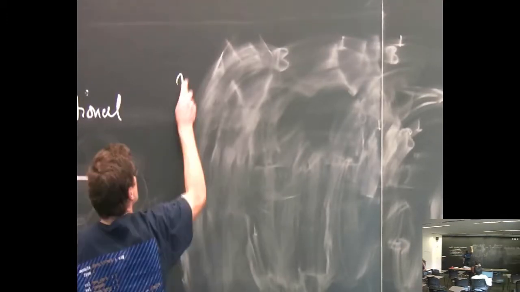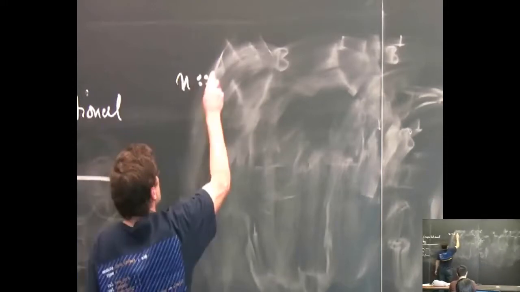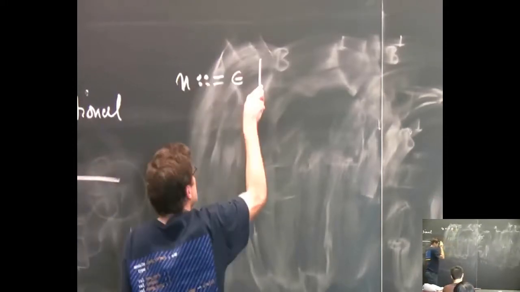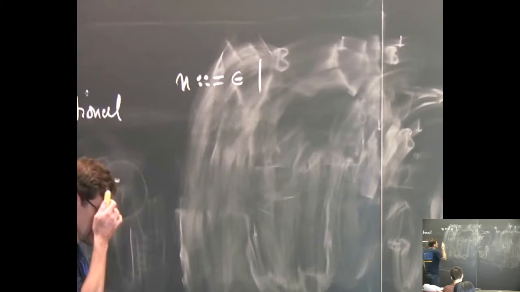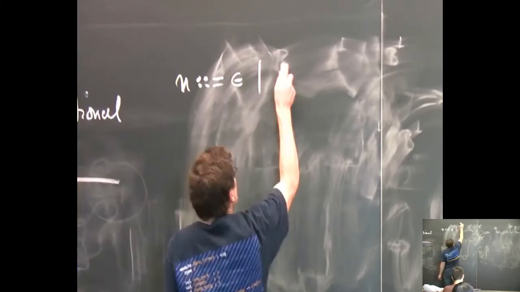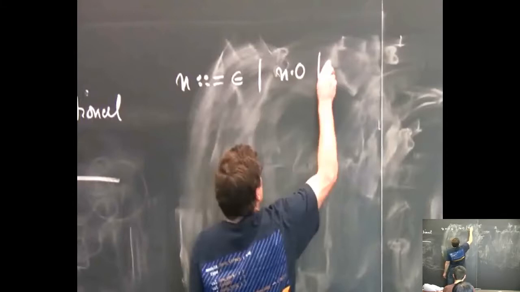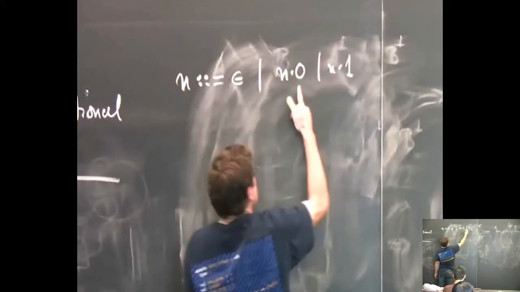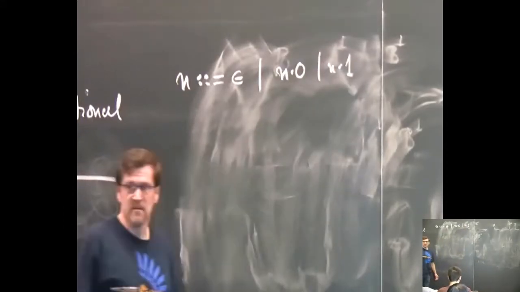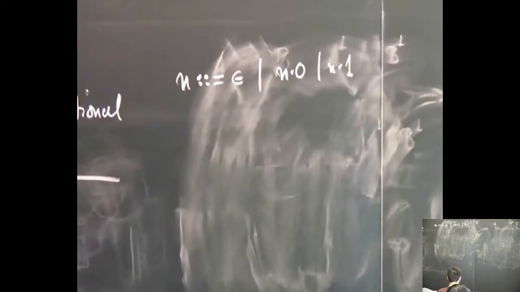You want to work with binary numbers when you think about complexity. So we're going back to this representation where n is defined as epsilon, which corresponds to the number 0, with no digits at all, and then n followed by 0 and n followed by 1. So this is 2n and this is 2n plus 1. We write the least significant digit on the right.